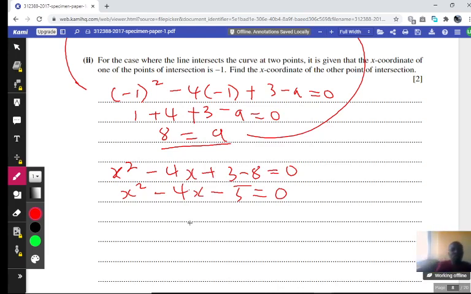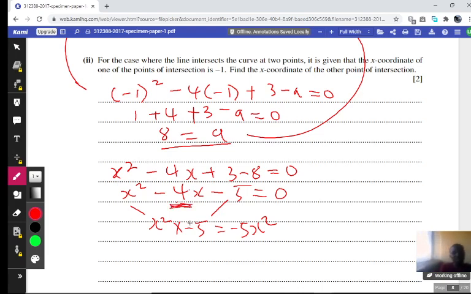It's actually simple. What I'm supposed to be doing is you do it like this. You take this value and this value, you multiply them together. x squared times minus 5 is equal to minus 5x squared. After that, you find two values which are factors of minus 5x squared. These numbers, when you multiply them, must give you minus 5x squared, and when you add them, they must give you the middle value, which is minus 4x.